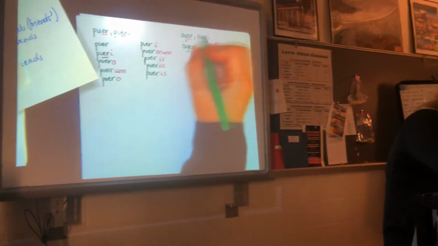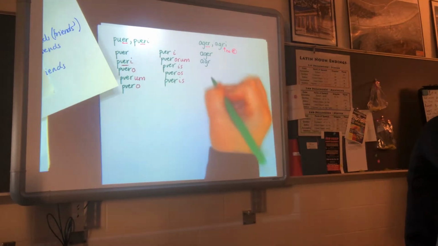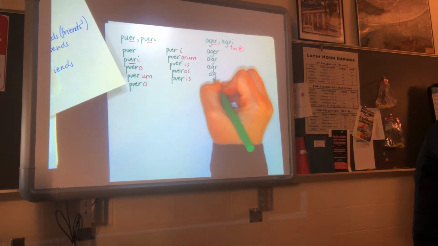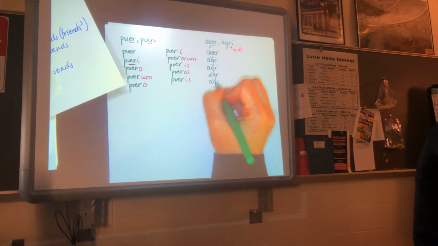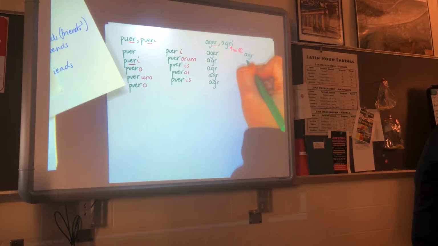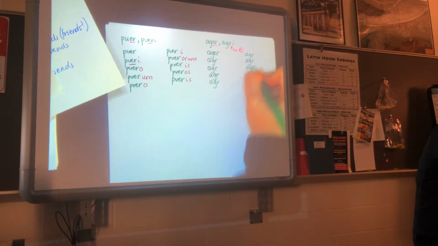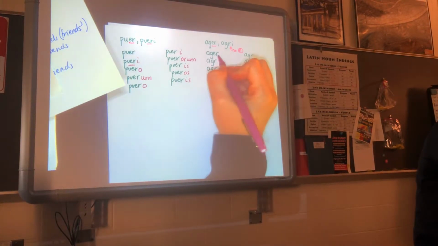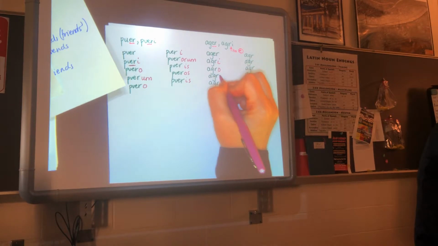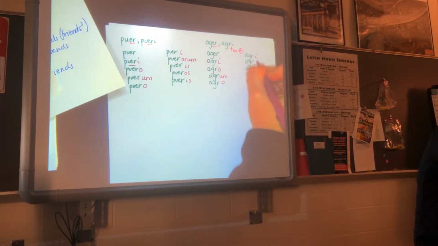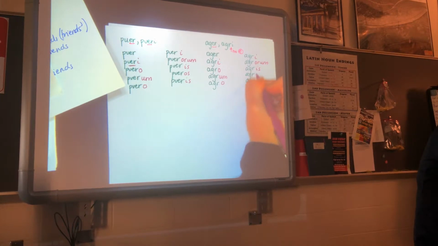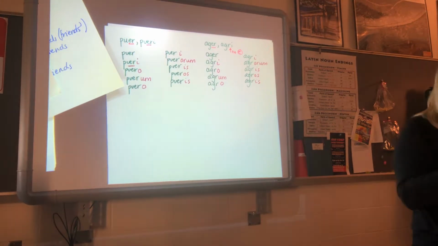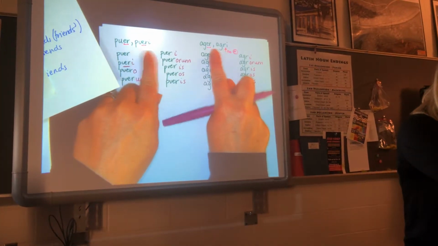So ager is your nominative, and then agr- without the E is your stem. Ager, agri, agro, agrum, agro, agri, agrorum, agris, agros, agris. Do we see how that dropped the E? That's just something you have to memorize, but you can see it by how it's listed.